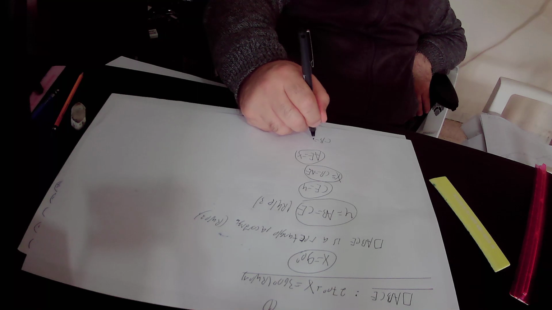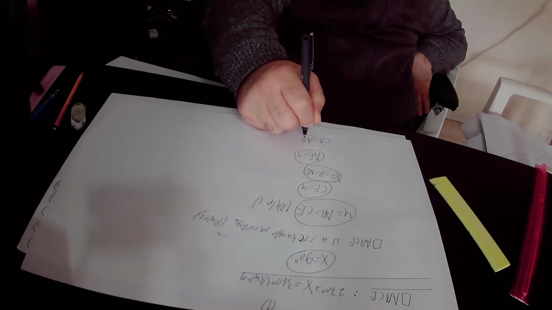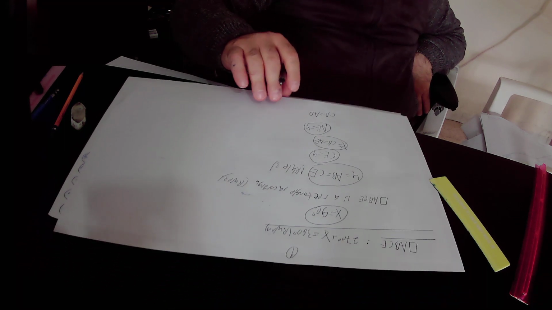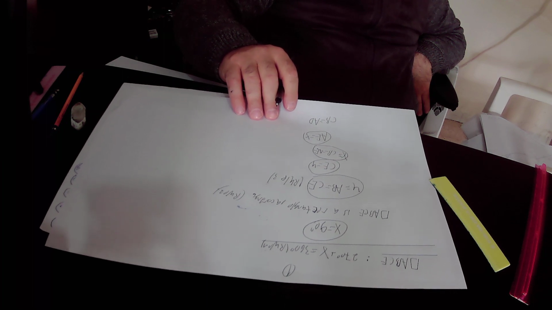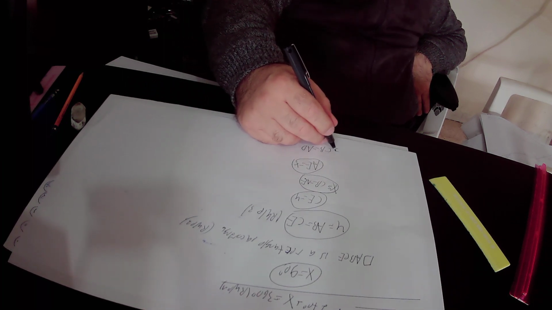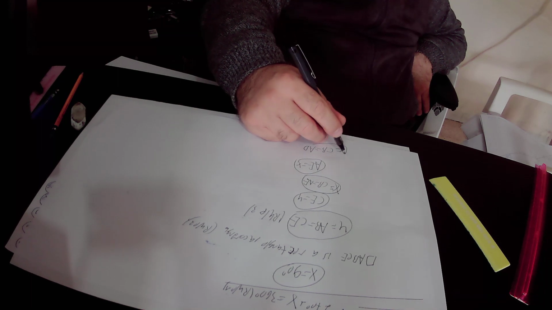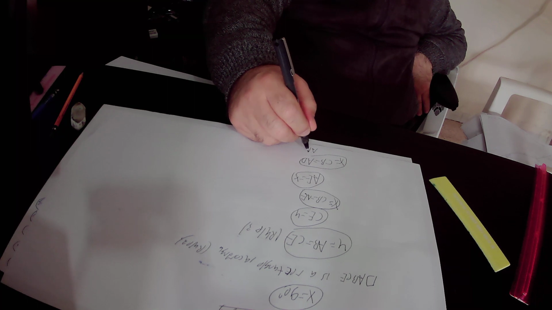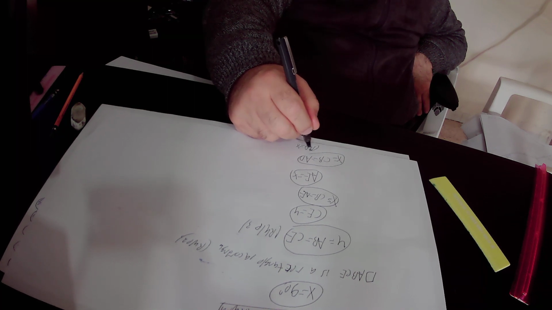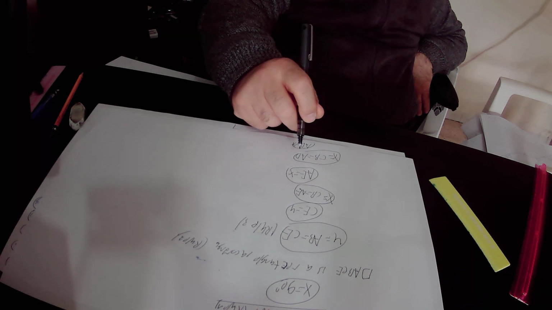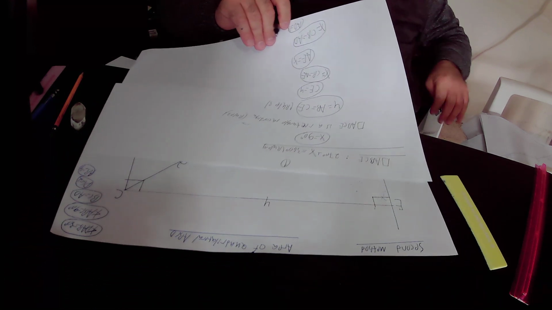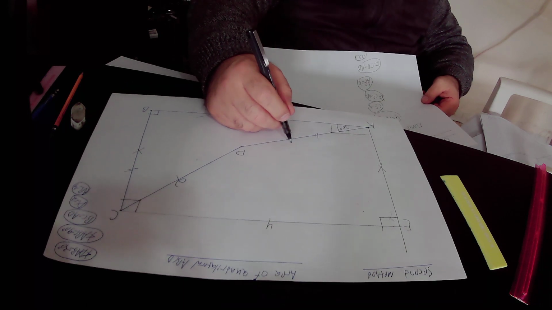CB equals AD, and CB equals x according to our definition. So from this equation we will derive that AD also equals x. Okay, AD equals x.